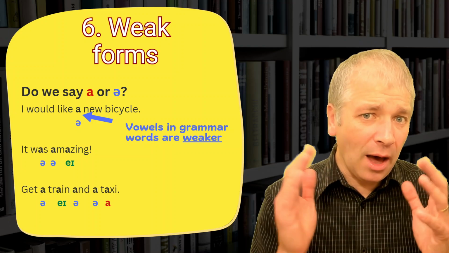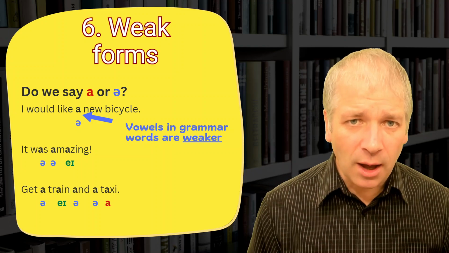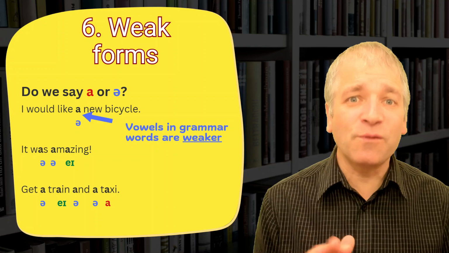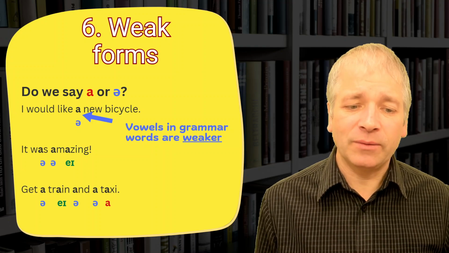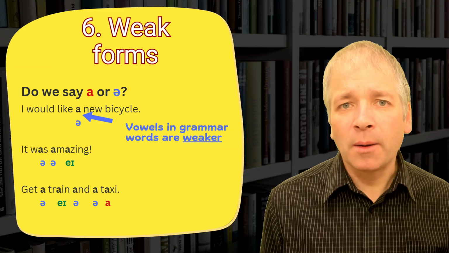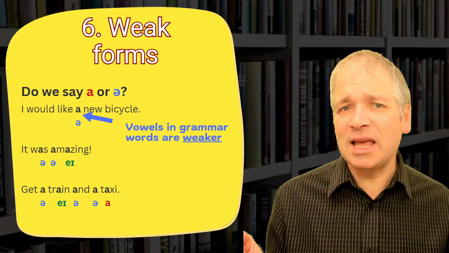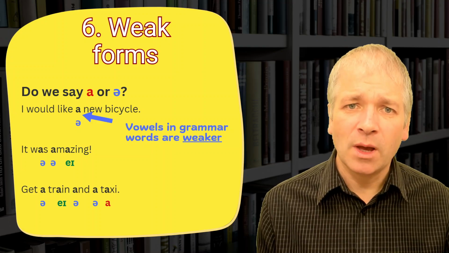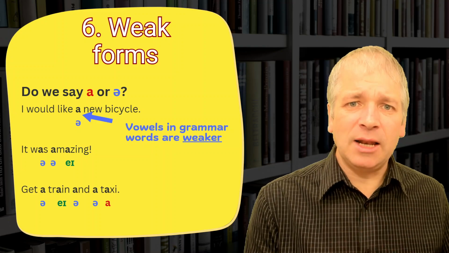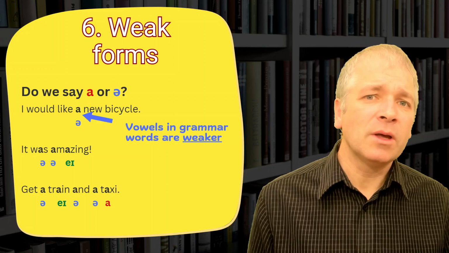So here, the A becomes the weak form. In and, the A becomes weak because and doesn't have any real meaning. It's just a grammar word to link words together. The verb to be in it was amazing.